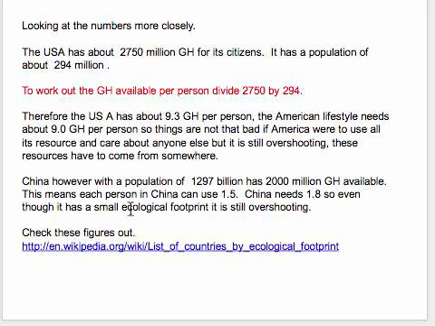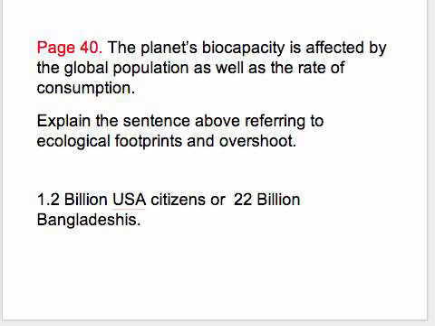Compare that with China, and you can see that China per person only uses 1.5, whereas the USA uses about 9. It appears that the USA is okay if you just look at the figures, because the USA has about 9.3 each, but only uses 9. Of course, globally, you can't really look at those figures in isolation of population.